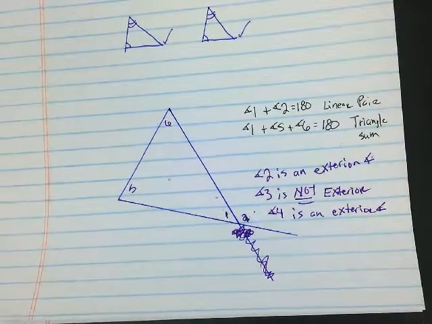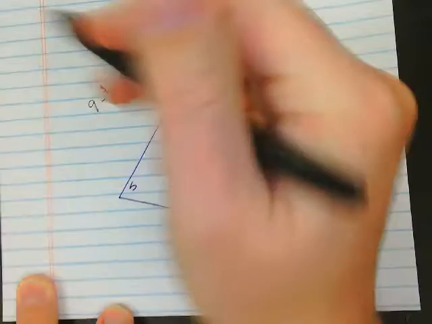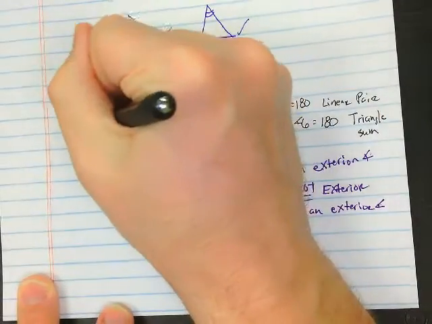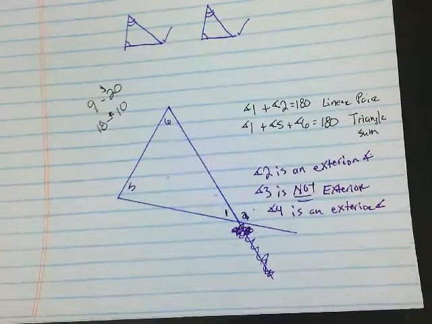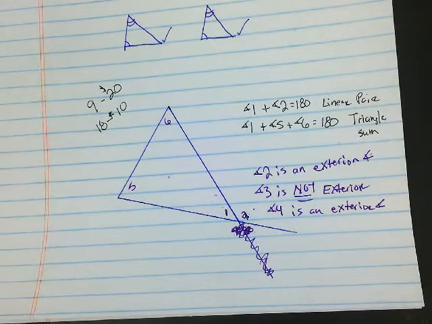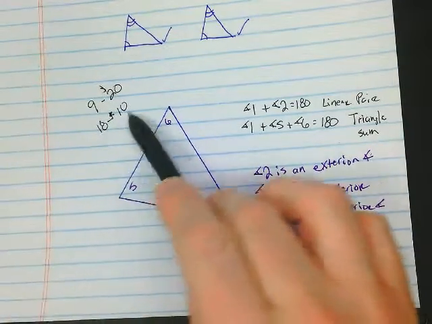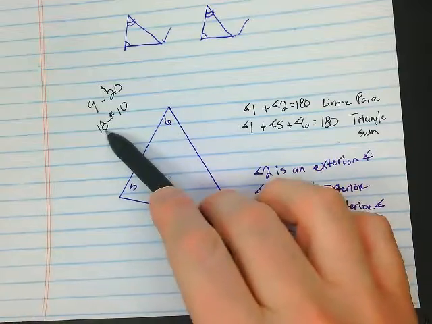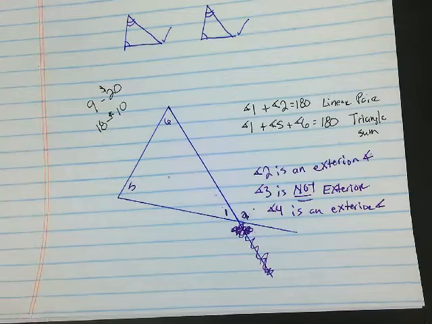Okay? Now let me ask you a question. If I have 9 $20 bills in my pocket, and you have 18 $10 bills in your pocket, who has more money? Both the same amount, right? They're both $180. Now, you guys may have more bills than I do, but amount-wise, they're both 180, right?